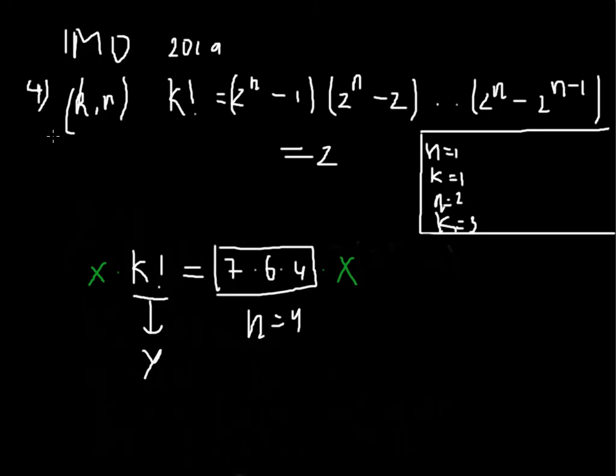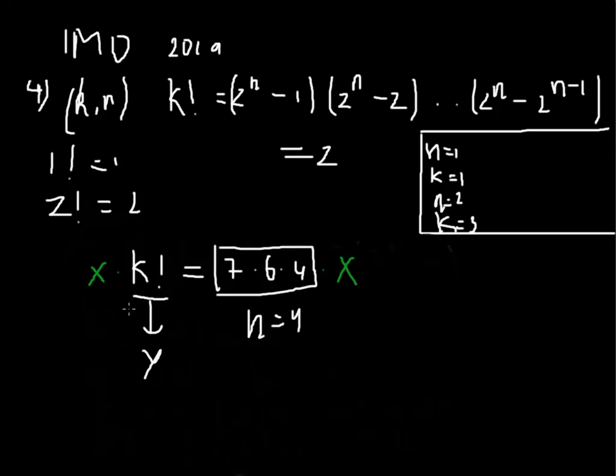So if I take 1 factorial, 1 factorial is 1. The same time 2 factorial is 2. When I increase the number, the factorial value also increases.